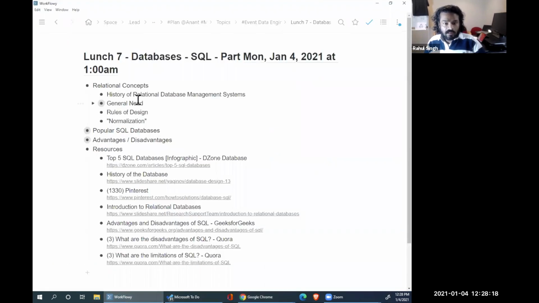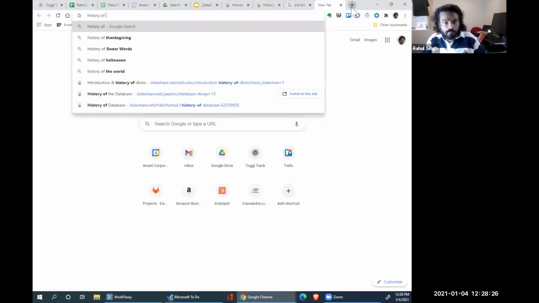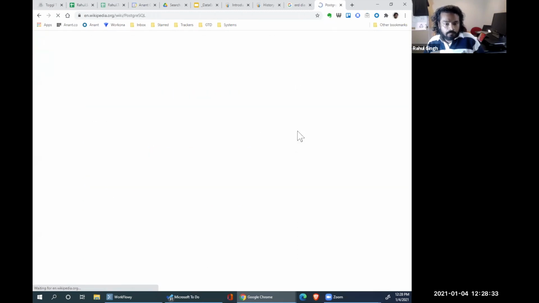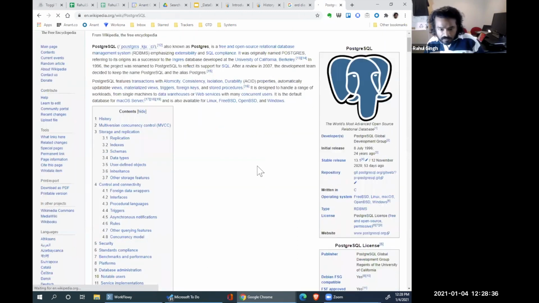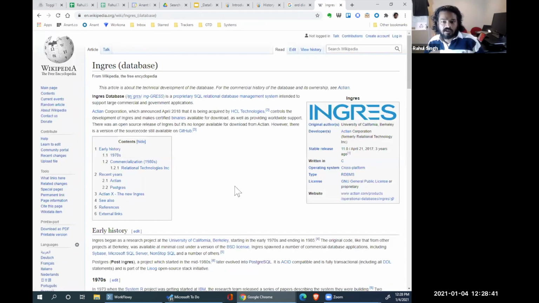So, we talked a little bit about the history of relational databases. Another thing to note is that if you go to the history of Postgres, it evolved from Ingres. Ingres was another database that was very popular alongside Oracle, from the same time frame, but it came out of Berkeley.